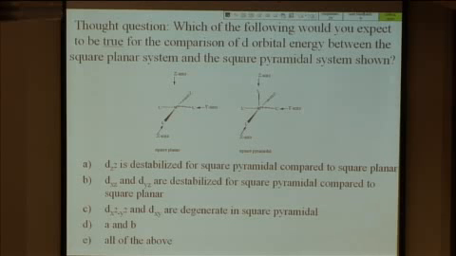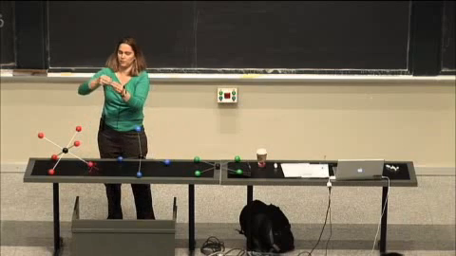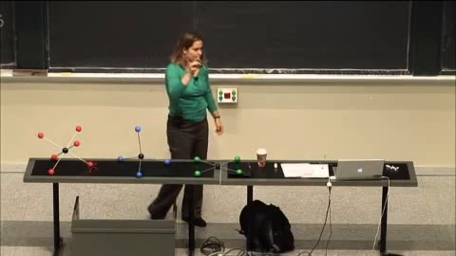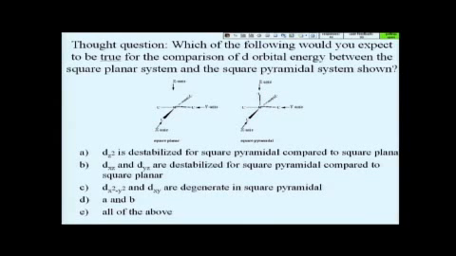And if you want, you can take your square planar and turn it into the geometry to help you out. Okay, let's just take 10 more seconds.